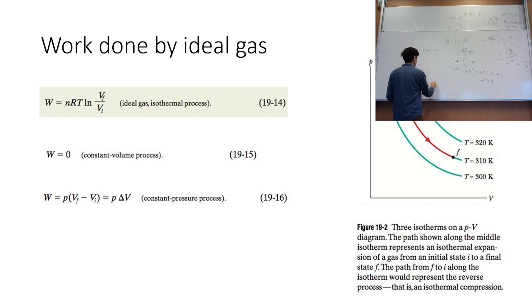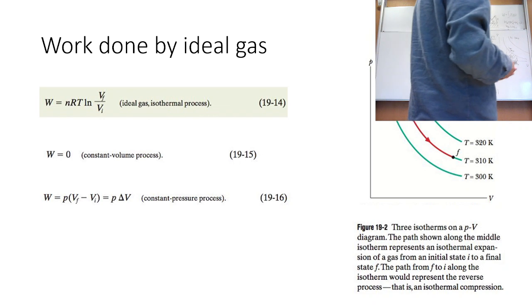So for constant pressure, work is the integral of P dV, but P just comes out, and then it's just the integral of dV, which is just Vf minus Vi. So in this case, the integral is very easy.